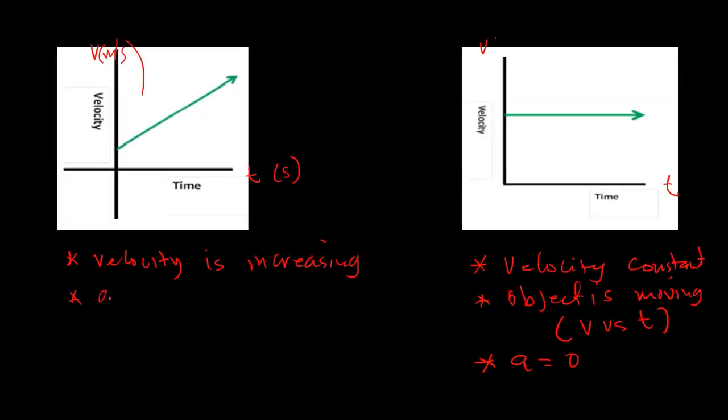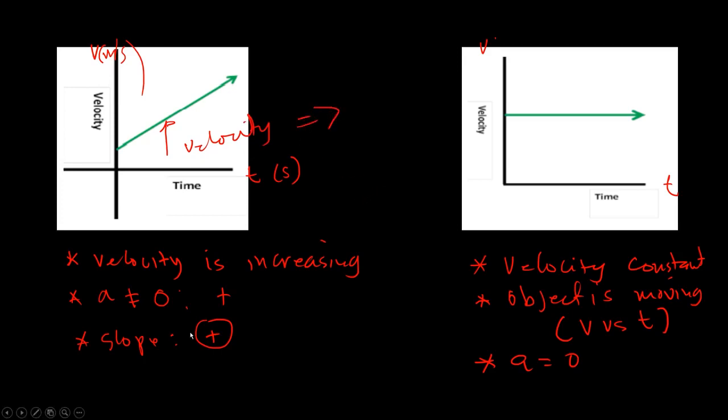So we can assume that acceleration here is not equal to 0. That means the slope of this line is also positive, since our velocity here is increasing. So that's what we mean by this graph. When you see this graph, this is the information that can be taken from that.